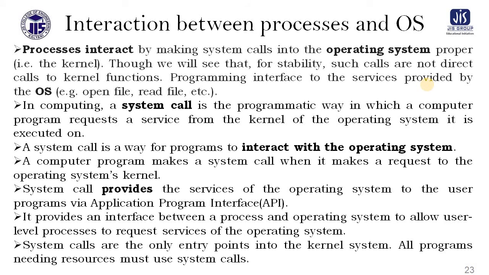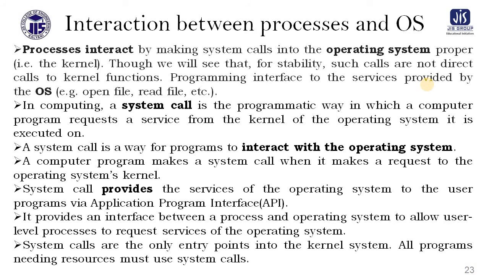Okay, so in computing, a system call is the programmatic way in which a computer program requests a service from the kernel of the operating system it is executed on. Number 3, a system call is a way for programs to interact with the operating system. Number 4, a computer program makes a system call when it makes a request to the operating system kernel.